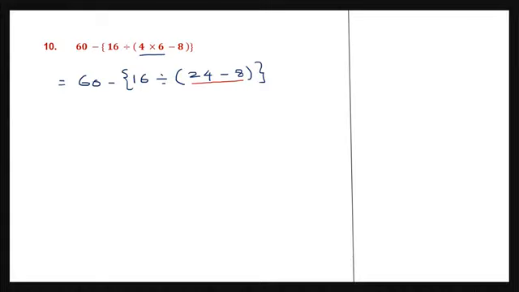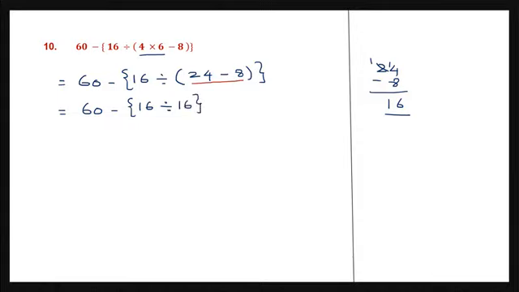So that will be 24 minus 8. So 1, carry 1 here. So this is 14. 14 minus 8 is 6 and then 1. So we have 16. So that will be 60 minus curly bracket 16 divided by, now I can open my brackets, 16. I've got the answer as 16.